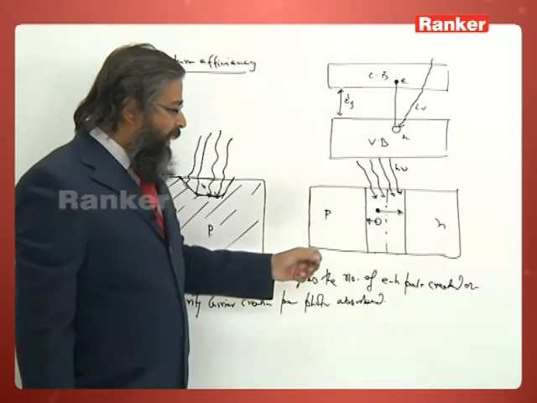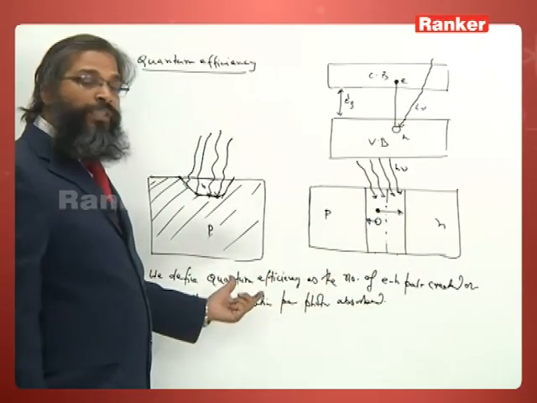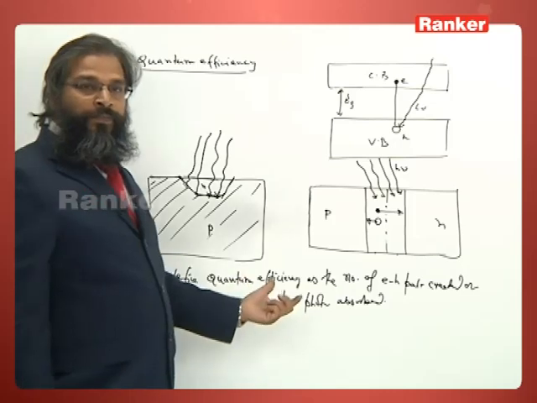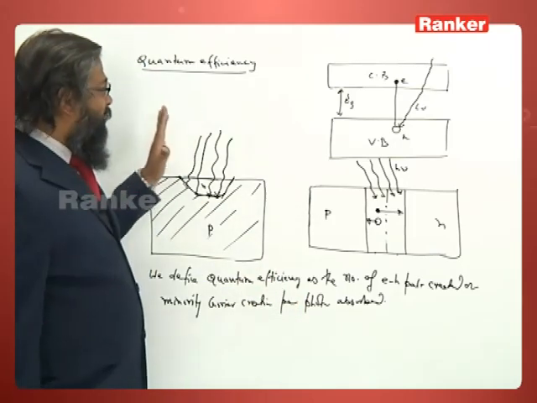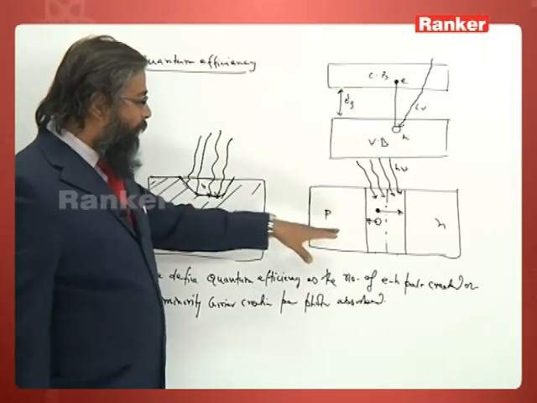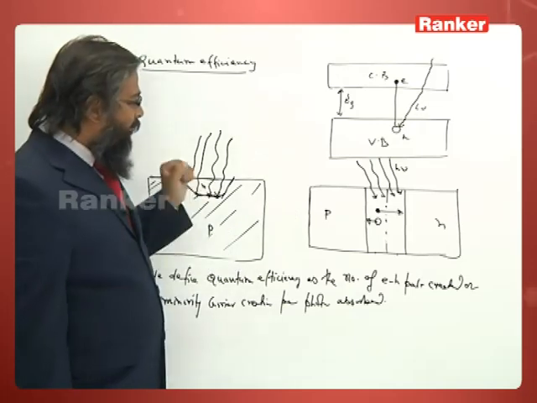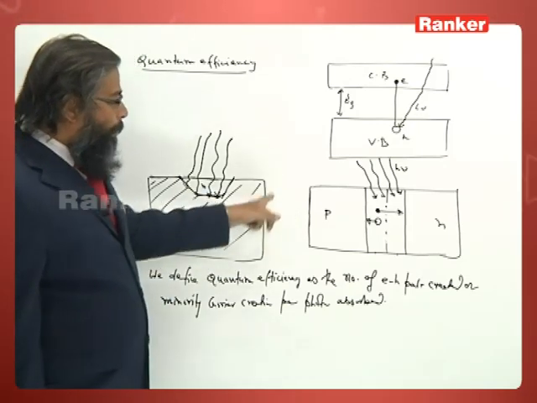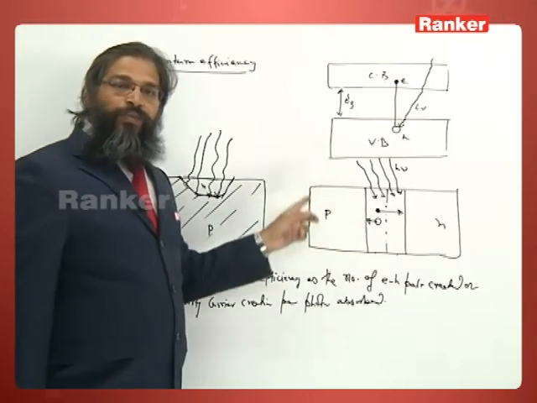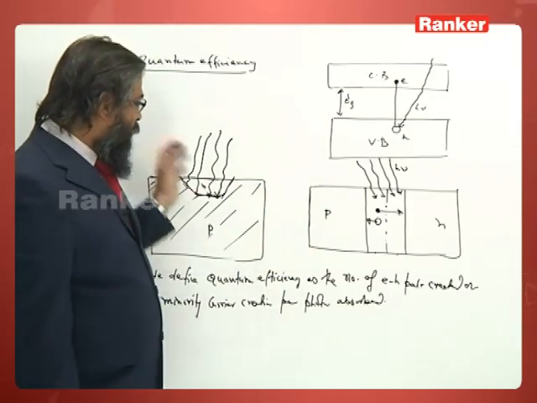And third point is that it should be thick enough that the quantum efficiency is very good. So these are the criteria which we must take into account while fabricating a PN junction, that is, a junction diode. Now let us see, to operate this photodiode, it should always be reverse connected.